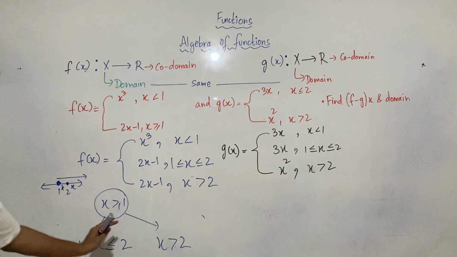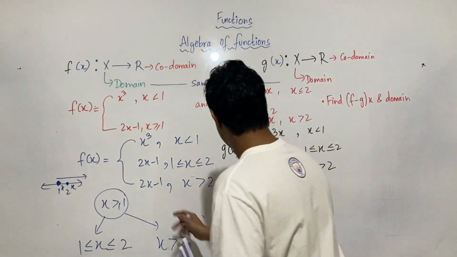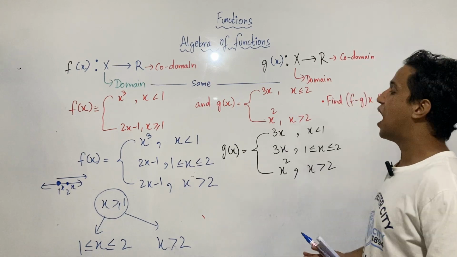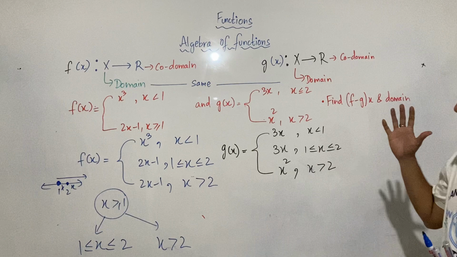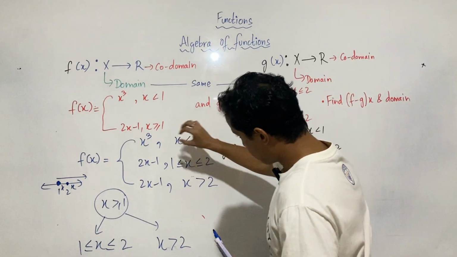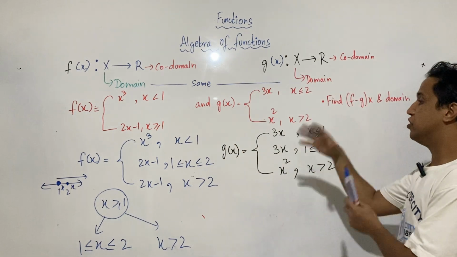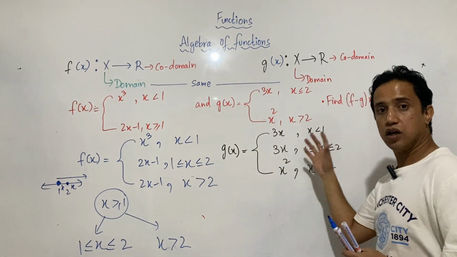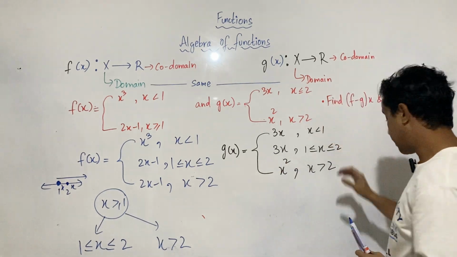Okay, so it's just pure modifications. And why did I do these modifications? So that I can correlate the definitions by making the domains of each piece similar to the pieces of the other function. Understand?